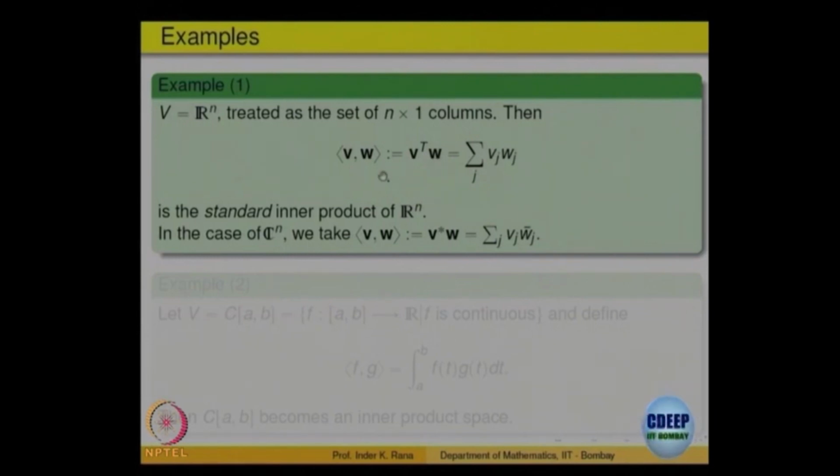If you write a vector in Rn as a column vector, then its transpose will be a row vector, 1 cross n, times n cross 1, and the product will be a scalar. So this is in terms of matrices, and for complex vectors the only difference is you put a bar here: Vj, Wj bar, as we had seen earlier.